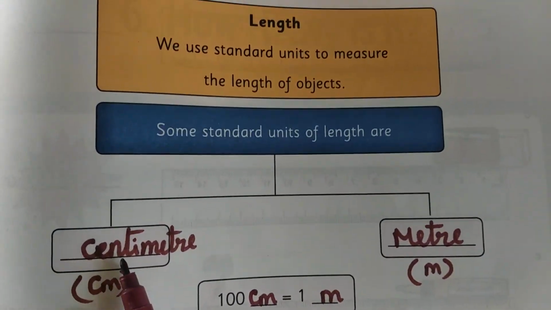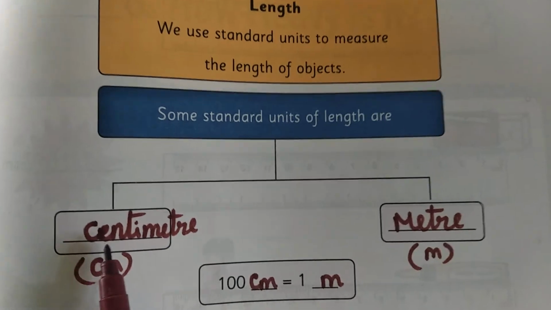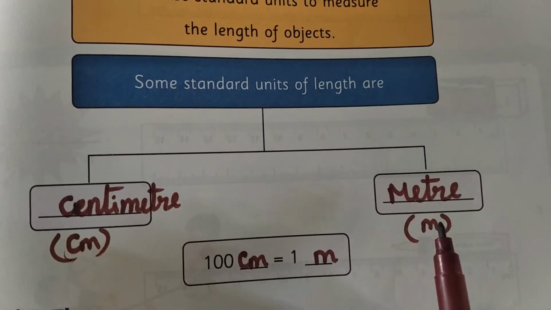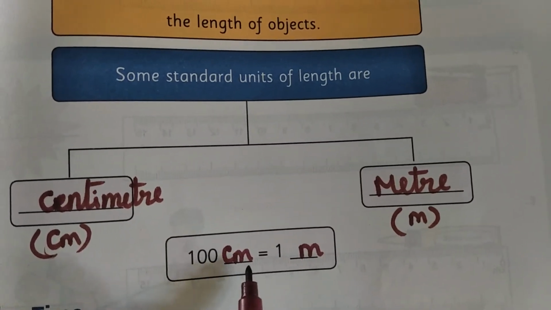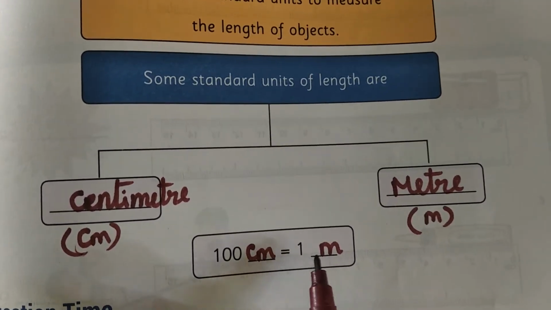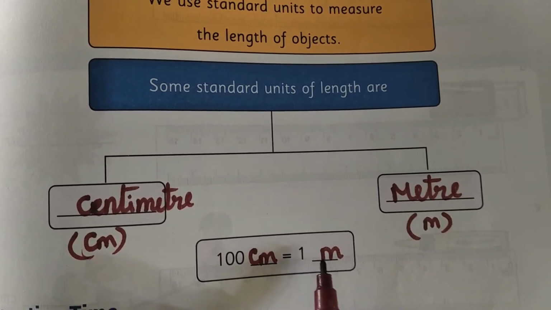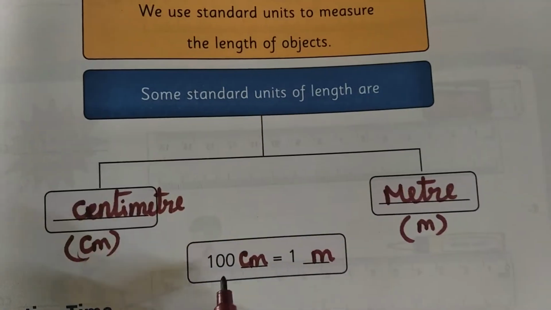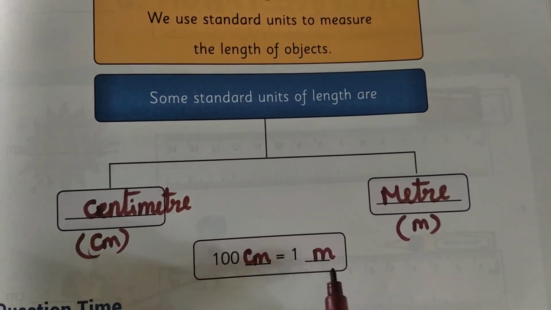Centimeter and meter. Centimeter, the short form is cm. Meter is m. So 100 centimeter equal to 1 meter. Yes, very good. This is very important, so make a note: 100 centimeter equal to 1 meter.